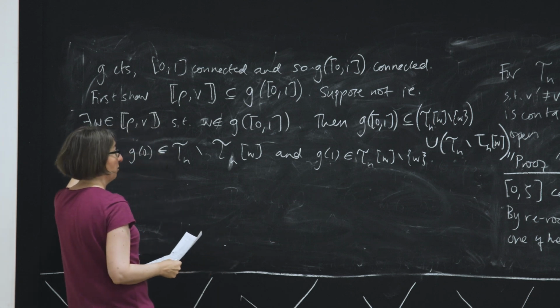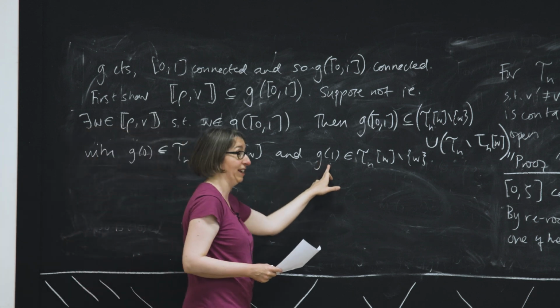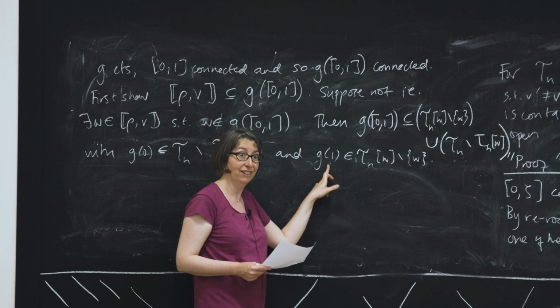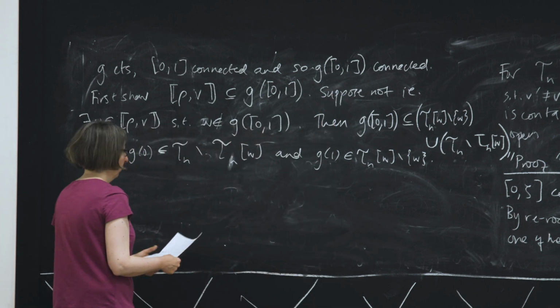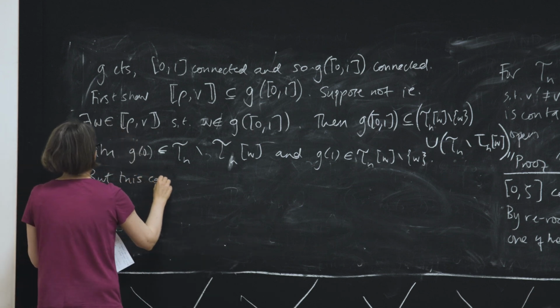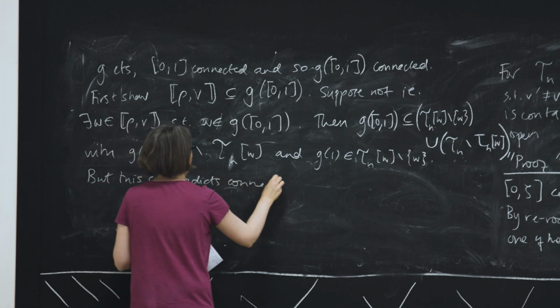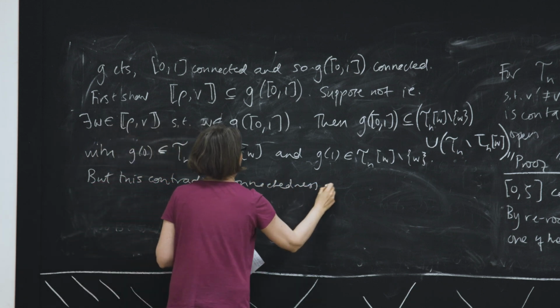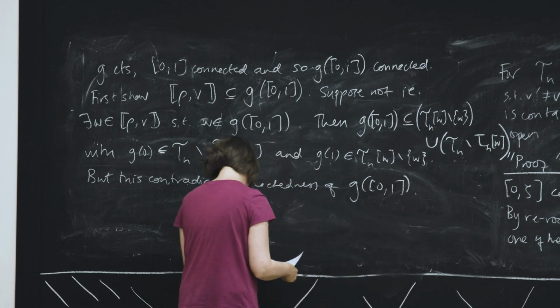Right, since W is in this set of ancestors, it must be that G of 1, which is V, is somewhere up in its subtree. Okay. But this contradicts connectedness of this set. Okay.